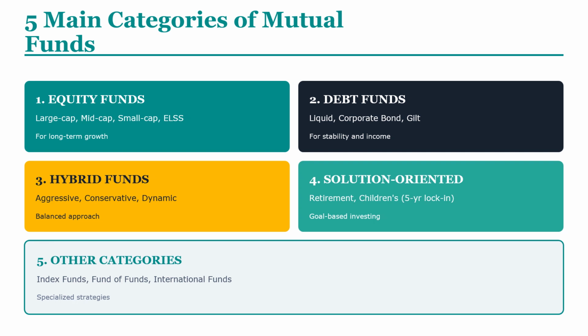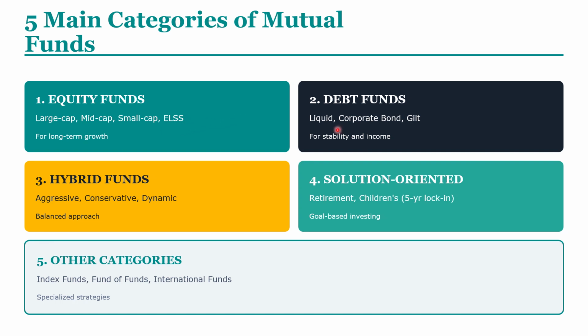Now let's see the five main categories of mutual funds. Equity funds. Basically, the mutual fund amount will be invested in equities listed in the stock market. Large cap, mid cap, small cap, ELSS are various types of equity funds. Debt funds.